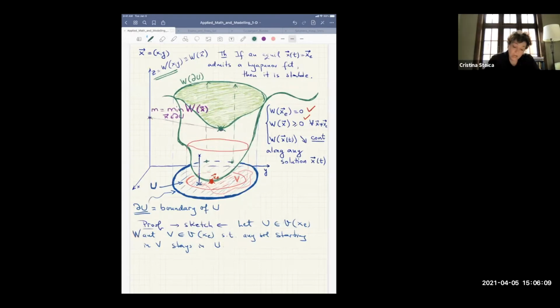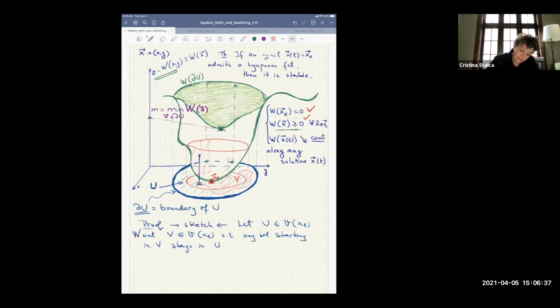Because I know that W is positive and is 0 here, I know that I will find a neighborhood around the equilibrium for which W in all this area is lower. This guy maps into here, this guy maps into here, and the interior is on the edges of this ball.